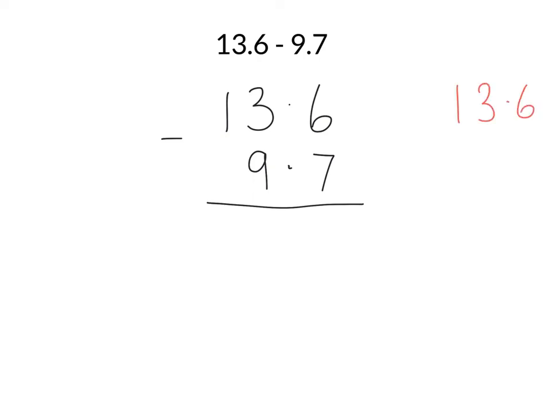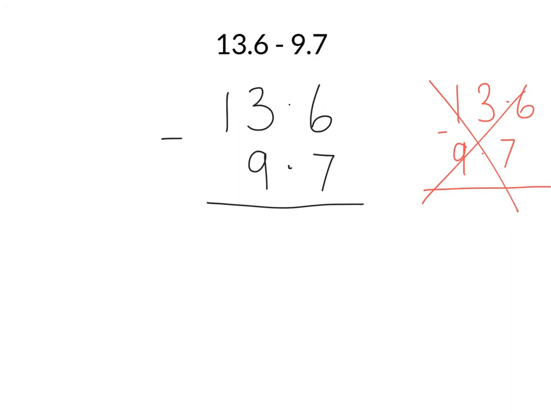In the initial setup, the most common mistake we see is something like this. Notice how the point I made in the last example is relevant here. The decimal points do not line up. Furthermore, my 9 units is not in line with my 3 units. So this is exactly what we want to avoid happening.